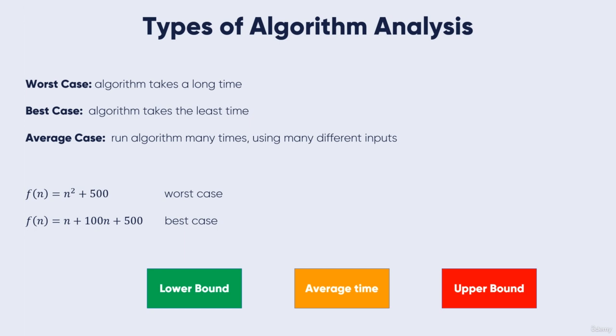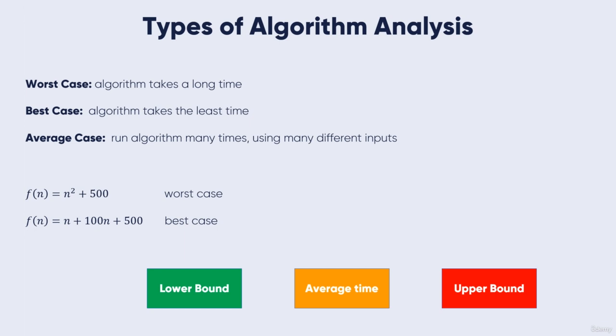So this will vary according to the input and the generated things. And the average case time varies between the lower bound and the upper bound. The upper bound corresponds to the worst case, and the lower bound represents the best case.